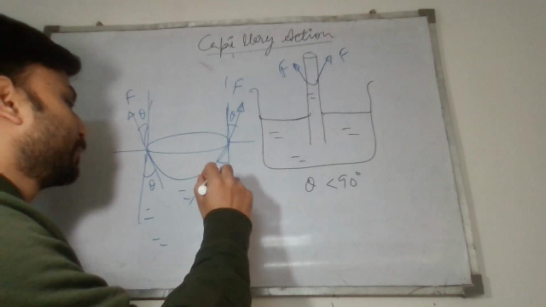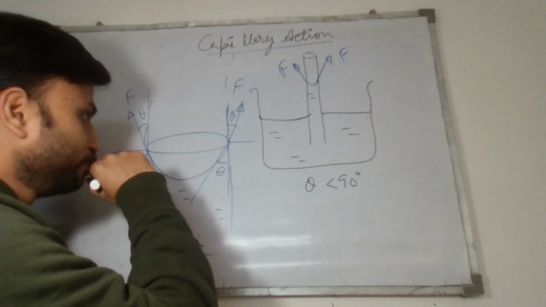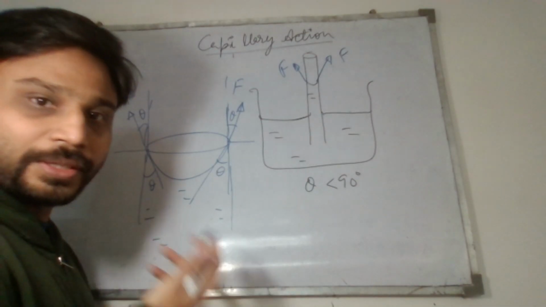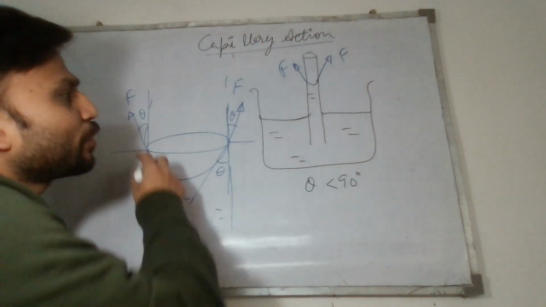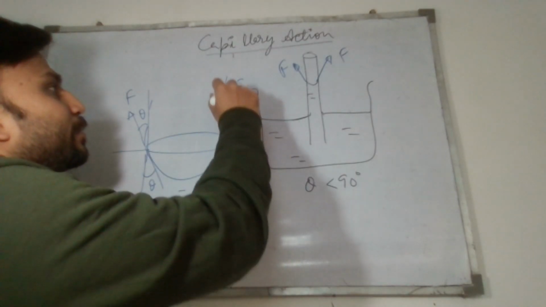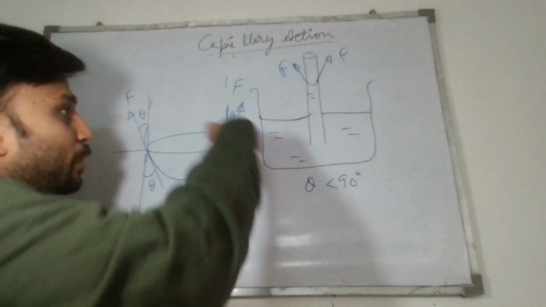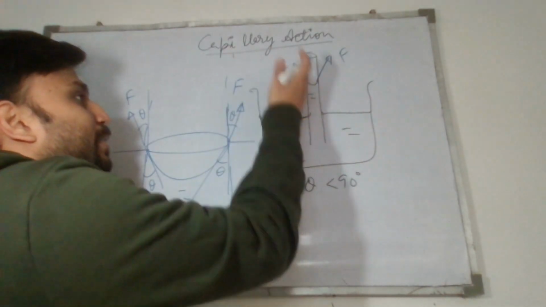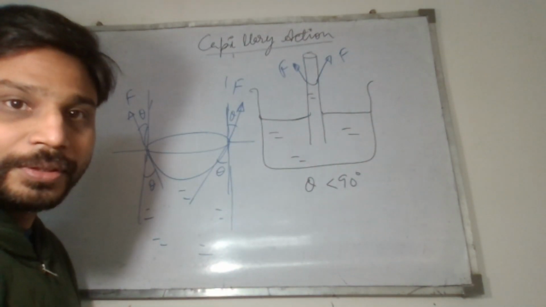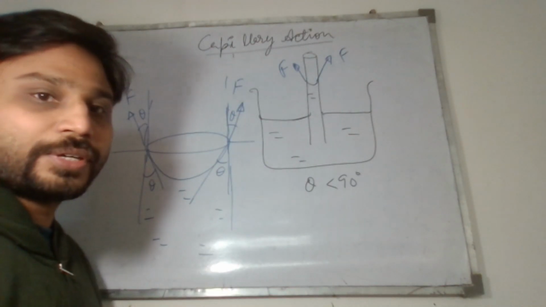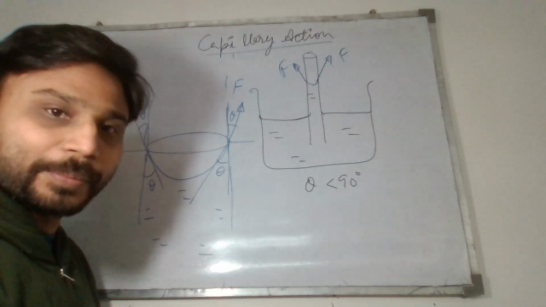So angle theta, that we know. We want to find out the force exerted by this surface tension force F on this whole section of the fluid which is rising inside the capillary. So basically, we have some kind of action-reaction pair developing here.